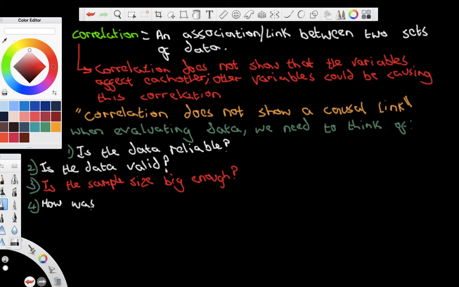The next one, number 4, when we're evaluating the data, we need to think, how was the data collected? Now, an example of this would be, I want to do a study looking at how healthy people eat. Rather than me physically watching what they eat, I give them a questionnaire and say, what did you have for dinner?